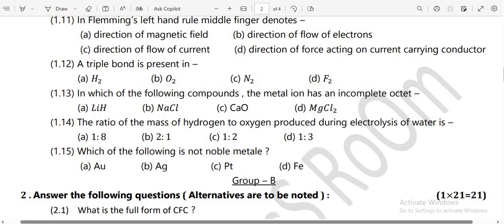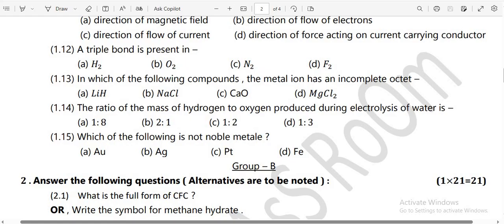Option A Au, option B Ag, option C Pd, option D Fe. Comment to get answers to the questions.